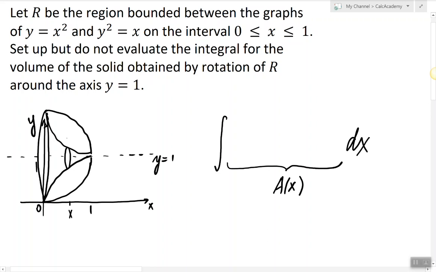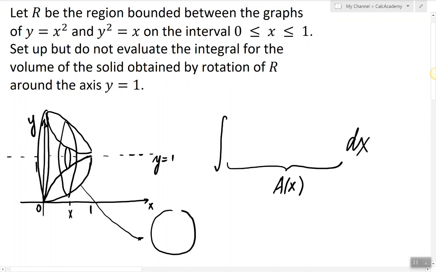It will look something like this. So if we take this cross-section out and sketch the graph of it over here, we can see that it's a circle with a hole.